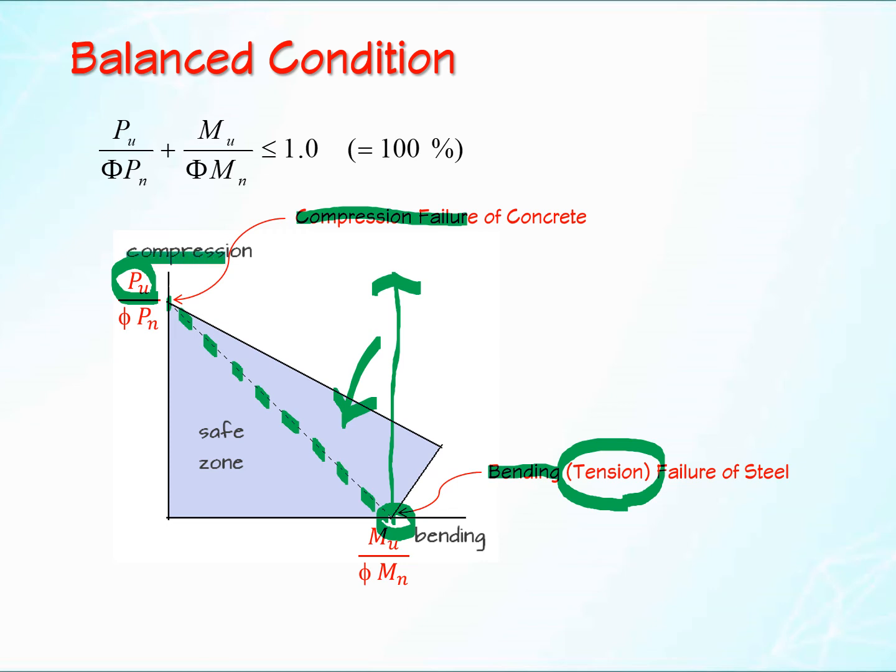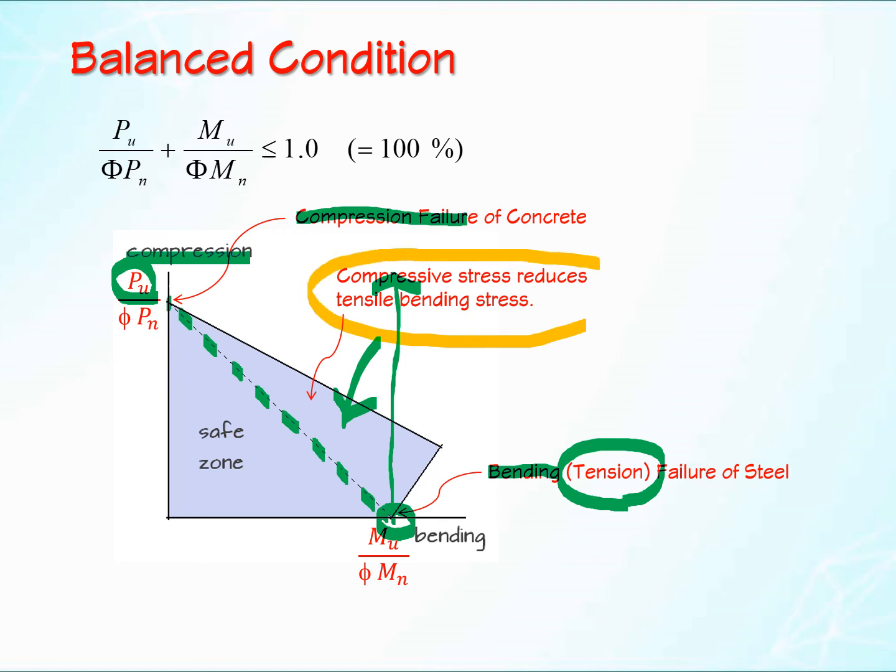This compressive force and resulting compressive stress will help the steel reduce its stress. So please note that as you go up, please start from this point, it's easier to understand. As I go up, compressive stress helps reduce tensile bending stress, so that it does not go that way, it will go that way, increasing its bending capacity.